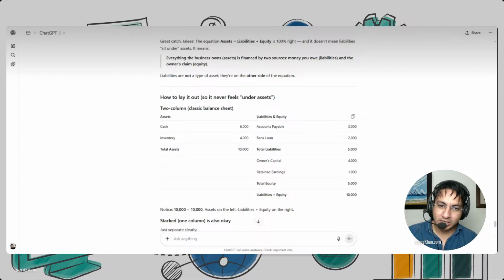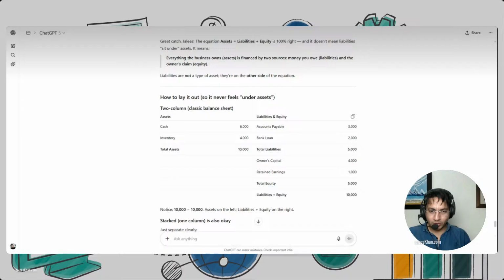So these ones, bank loan and accounts payable, they don't own. It means they owe that from that asset, so it becomes a liability. And owner's capital and retained earnings the owner owns, so it becomes equity.